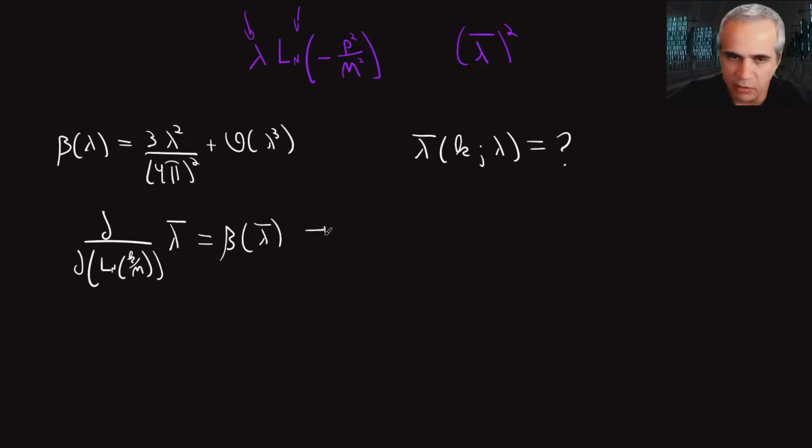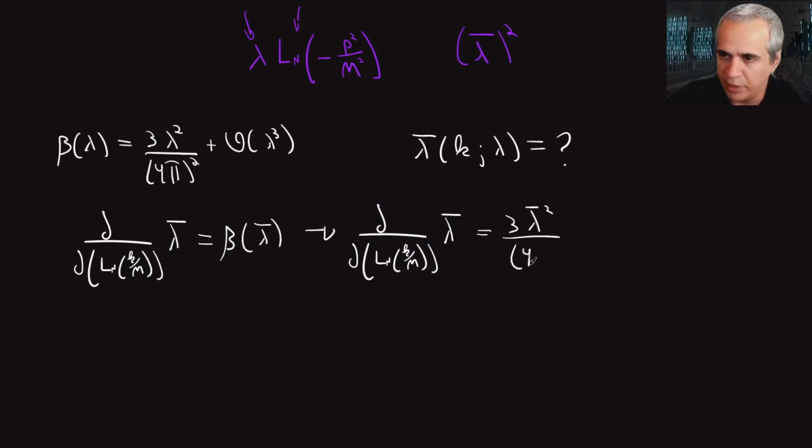Since I know beta, 3 lambda bar square over 4 pi square at this order, I don't have to write this anymore. And the initial condition, as we have seen before, is just that at scale m, lambda bar is the same as lambda.